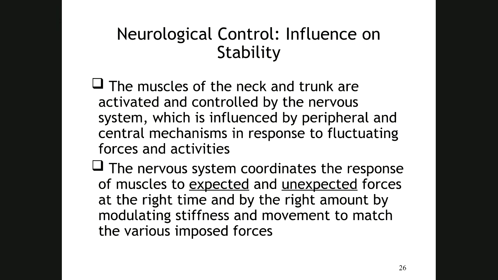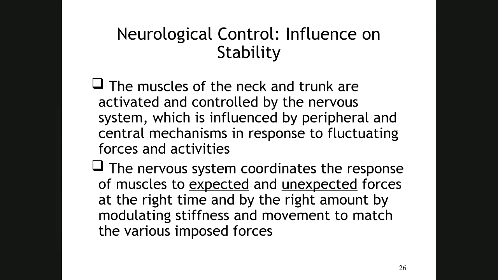Good, now we're going to talk a little bit about neurological control and its influence on stability. The muscles of the neck and the trunk are, as you know, activated and controlled by the nervous system. So if somebody has some condition or damage to their nervous system, this is obviously going to have an effect on posture.